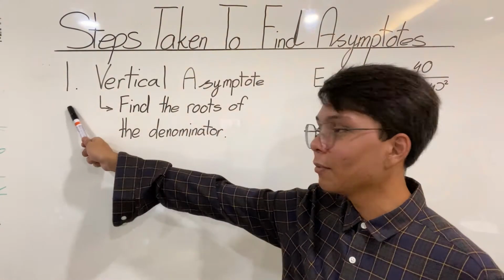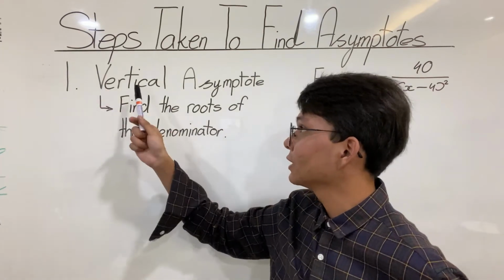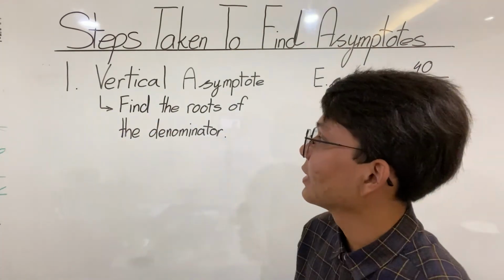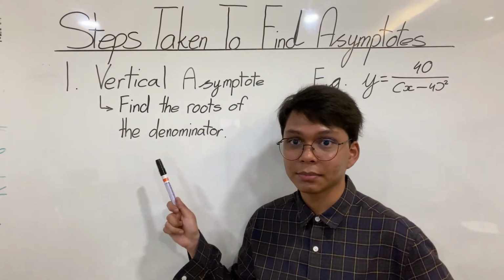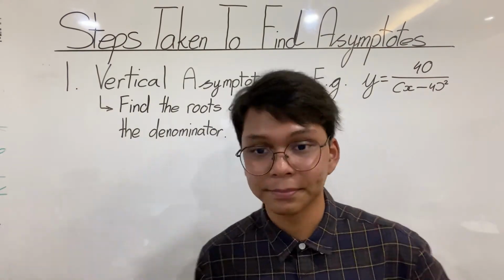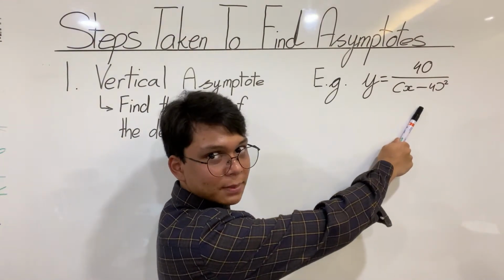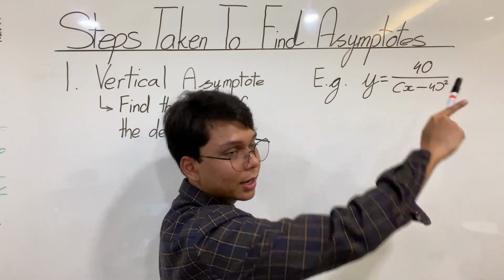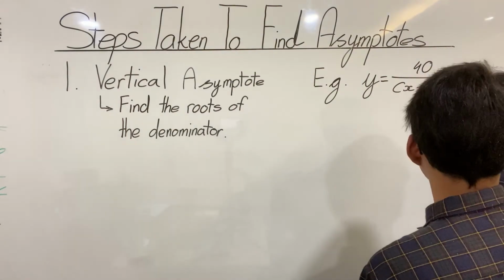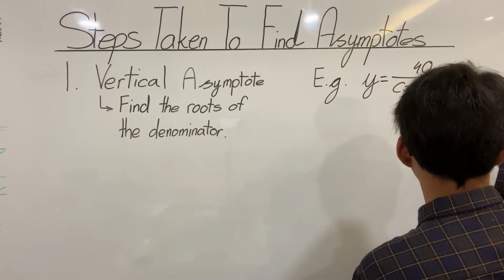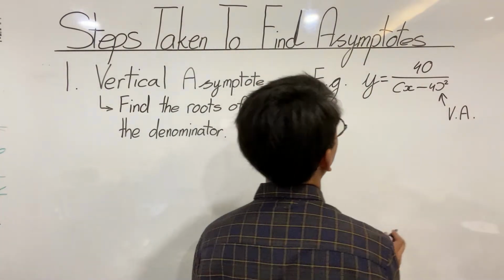Okay, so number 1. The first asymptote that has been explained before is the vertical asymptote. So how do we find it? Well, it's simple. Find the root of the denominator of a rational function. For example, y equals 40 over (x minus 4) squared. This right here is what's going to determine the vertical asymptote, hence the V.A. acronym.